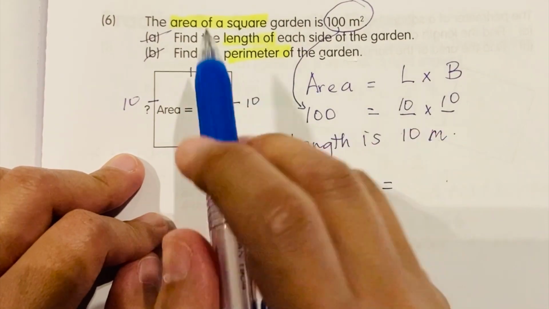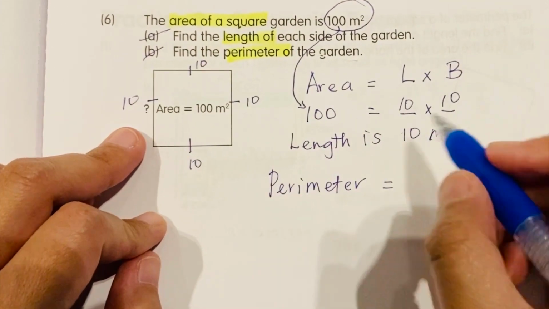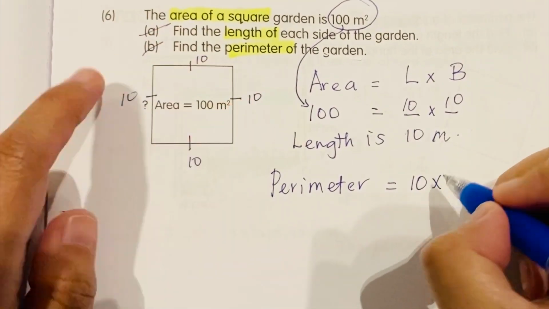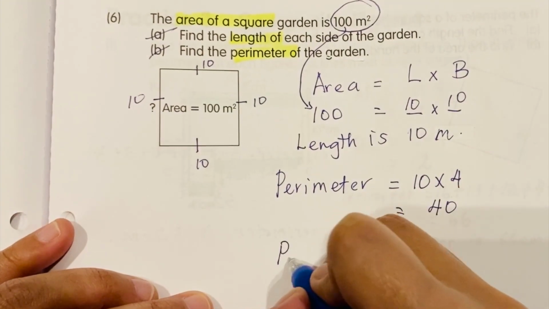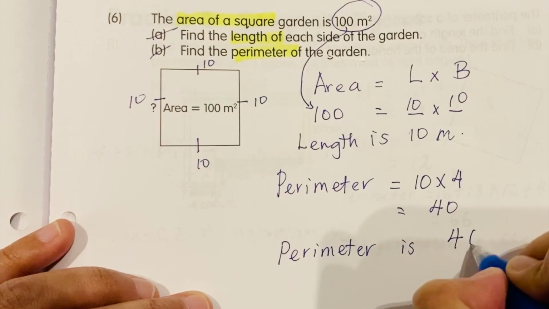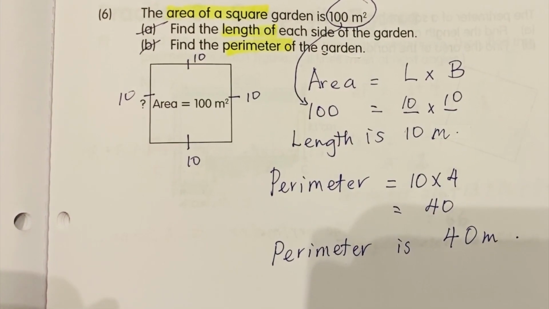Or those of you who want to do 10 plus 10 plus 10 plus 10, you can also do so, alright? But I want to show you 10 times 4 sides. So your answer will be 40, and perimeter is 40 meters. Okay, so far so good?